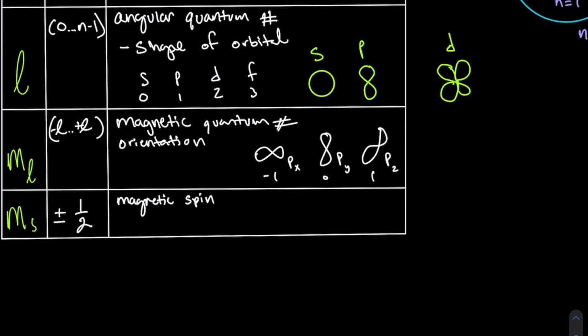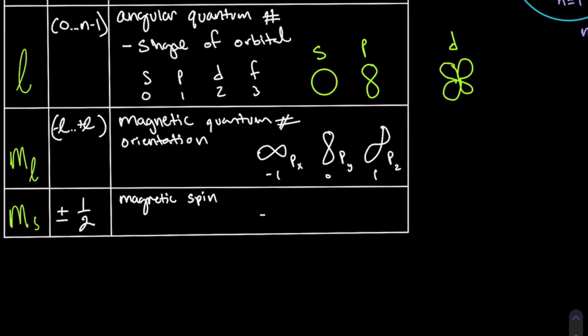I'm going to go into more detail about this in a future video, but if you look at orbital energy diagrams, you see that orbitals are represented by little dashes, and electrons are represented by arrows. An upward facing arrow corresponds to a positive 1/2 value. A downward facing arrow corresponds to a negative 1/2 value.